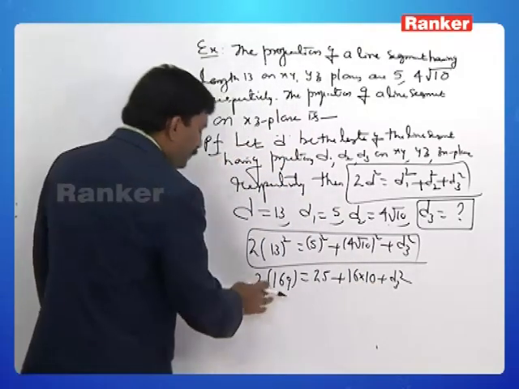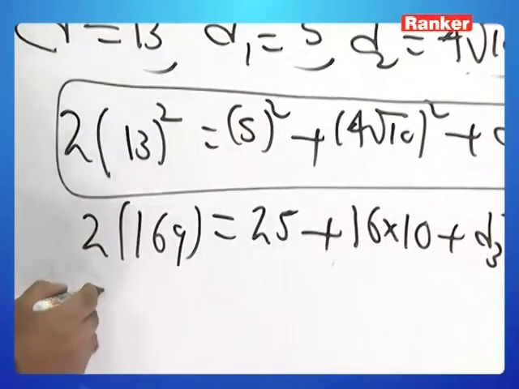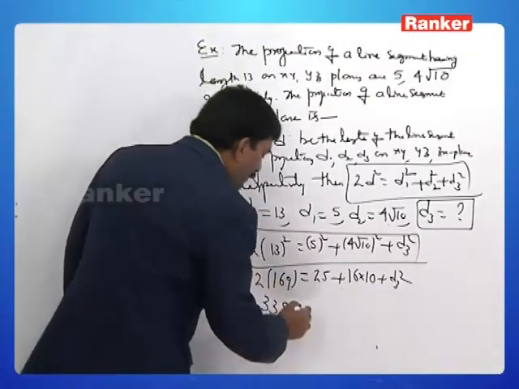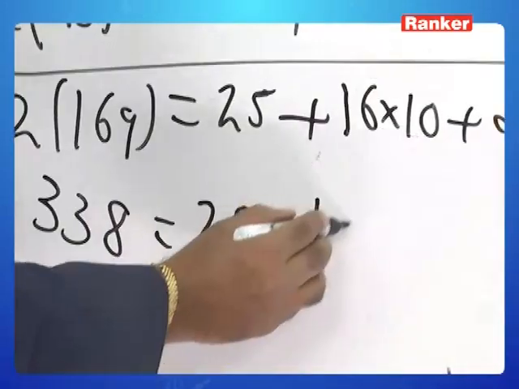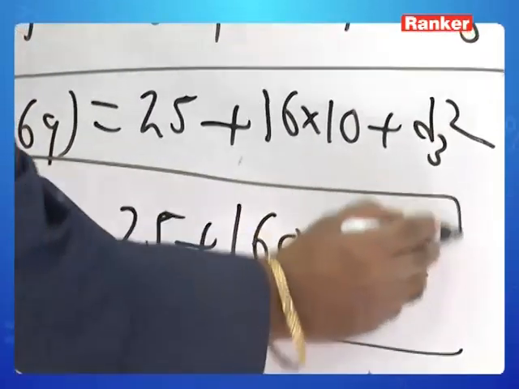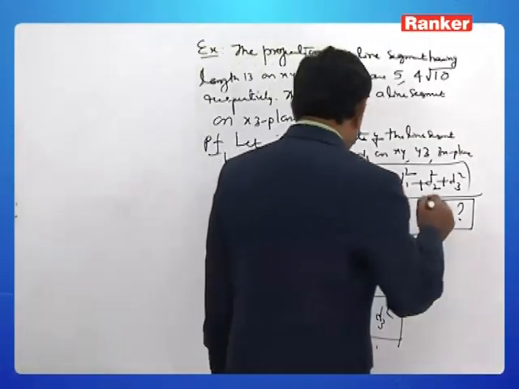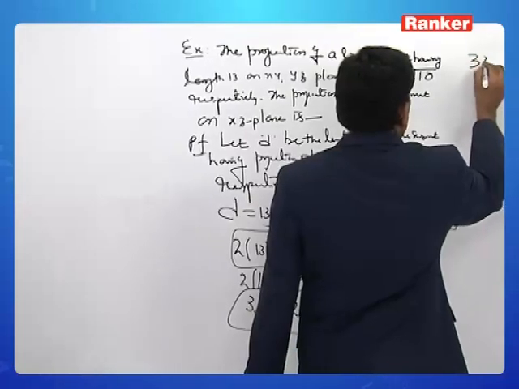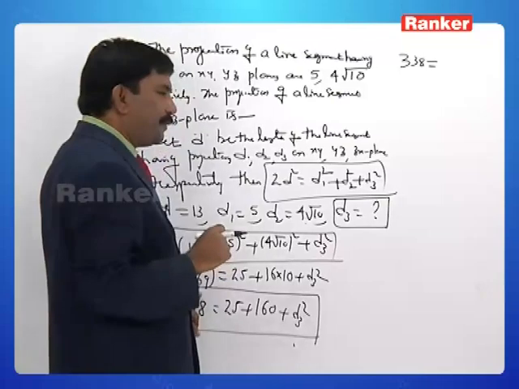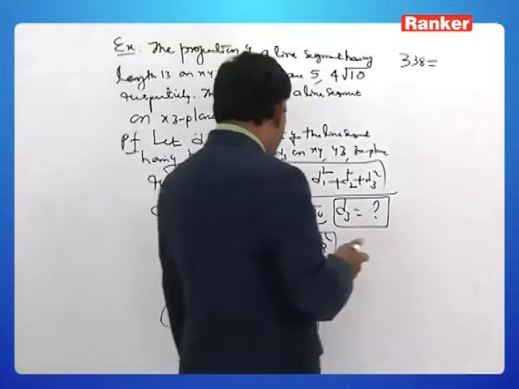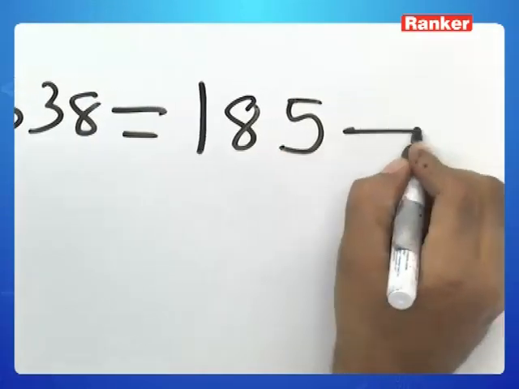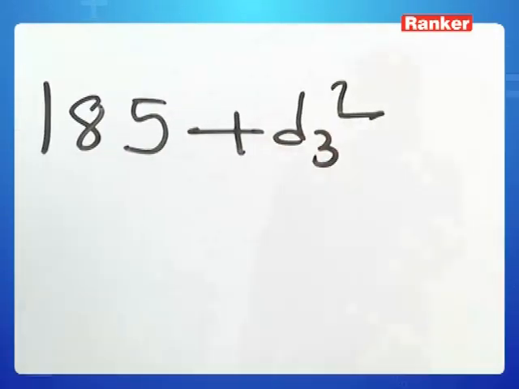Now this becomes 338 equals 25 plus 160 plus d3 square, so 338 equals 185 plus d3 square.